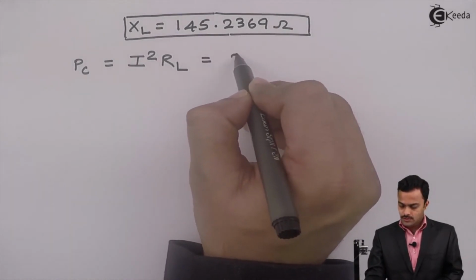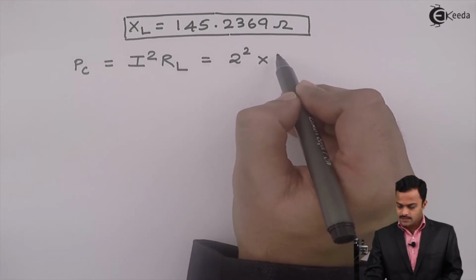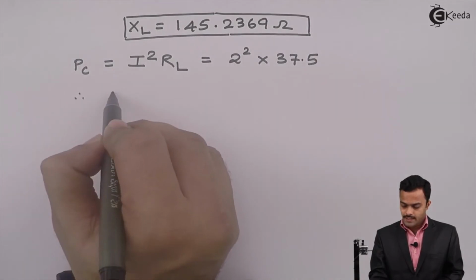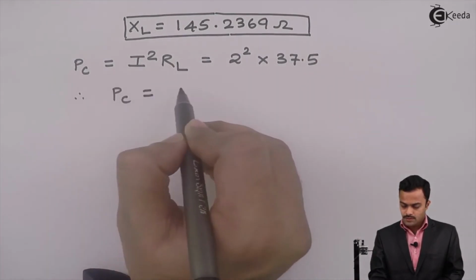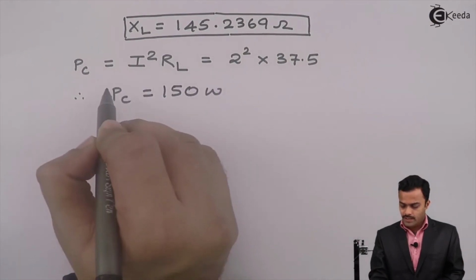So it is 2 square. RL we calculated as 37.5. So I am getting power consumed in a coil is 150 watt.